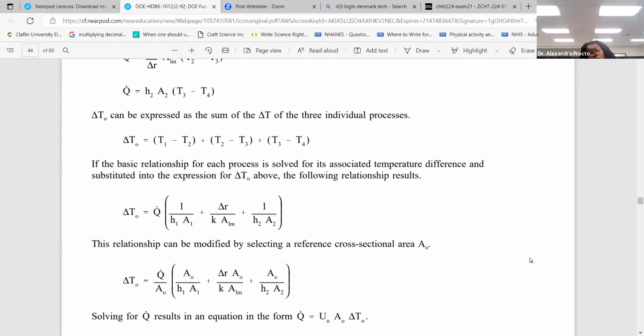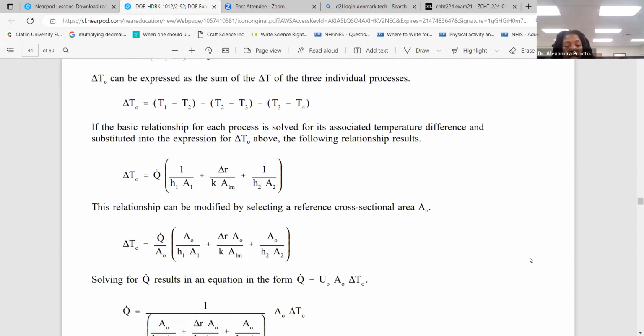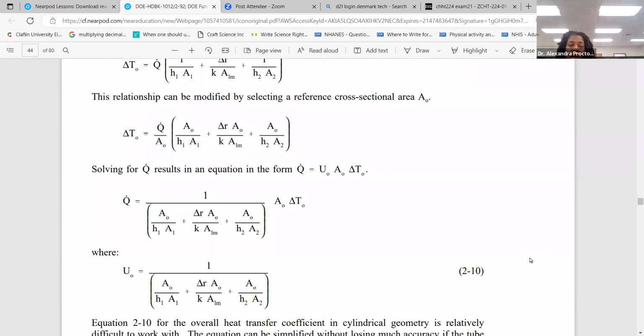So then they're doing some more derivation steps. You're solving for Q, and it results in this equation: Q is equal to U A delta T. Here's some more substitution. Q is equal to 1 over (A0 over H1A1 plus delta R A0 over K A sub LM plus A0 over H2A2), all of that times A0 delta T0.